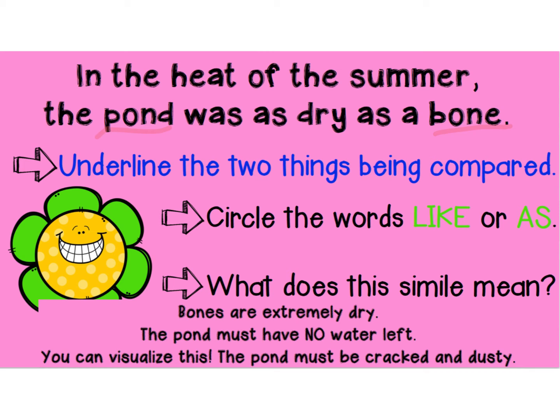I'm also going to circle the words like or as, and like my other similes so far, I have as in this simile, as dry as a bone, so I'm going to circle those. Now, thinking about what this simile means, bones are very dry. The pond must have no water left. You can visualize this. Similes help you visualize things. The pond must be cracked and dusty.